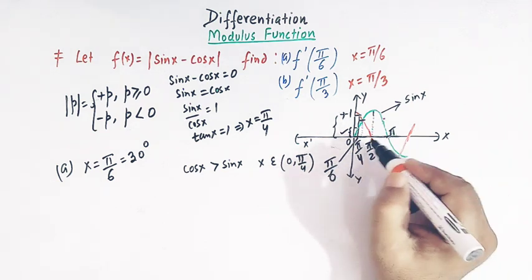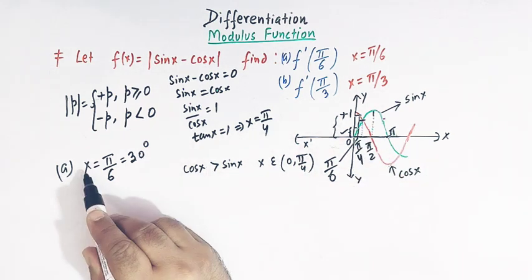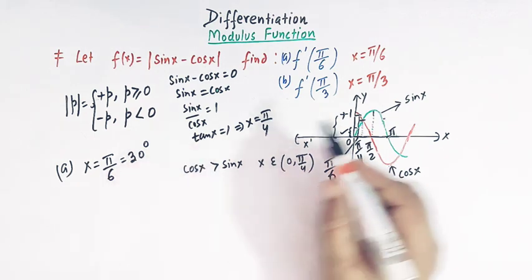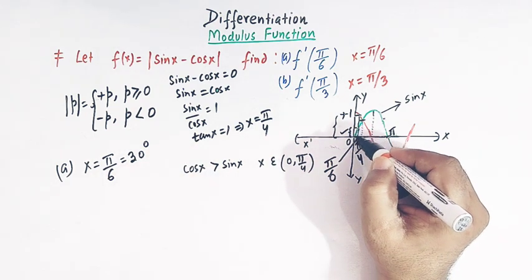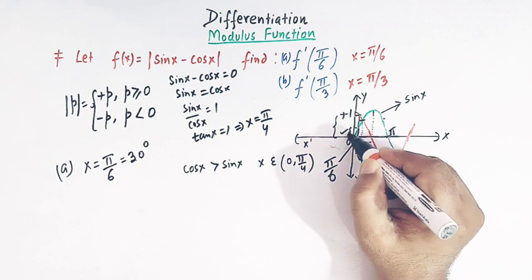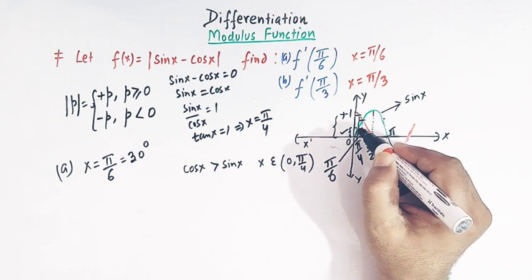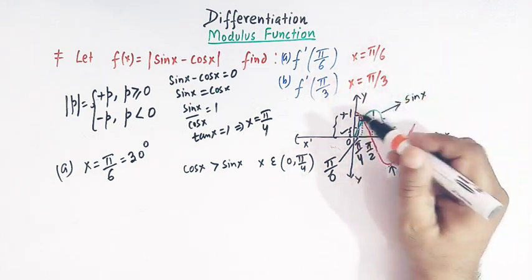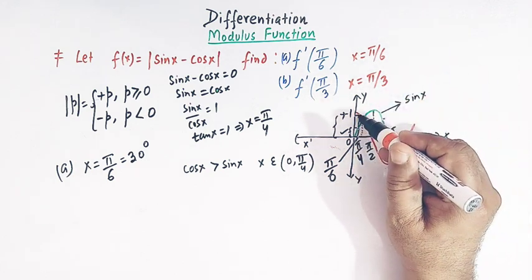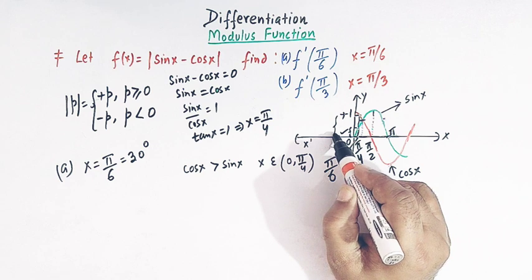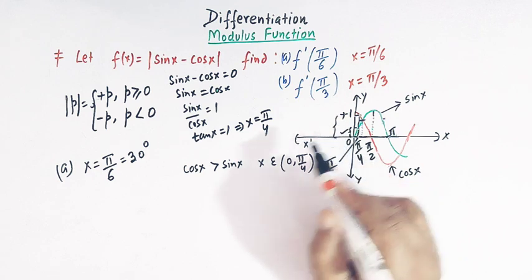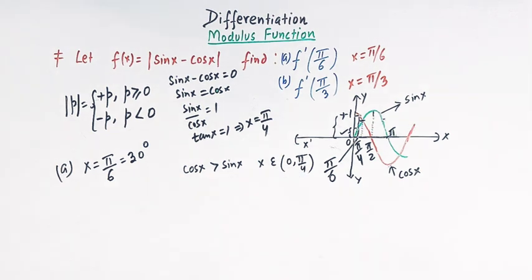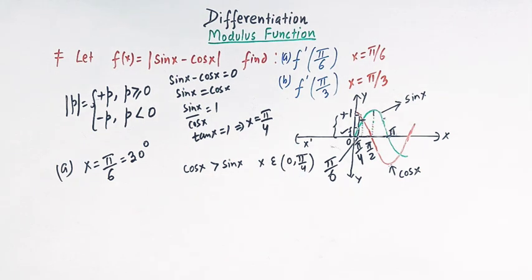Now see, here we have seen that this point is 30 degrees, right? And this value gives the value of sine x. And if we take this point to this curve, then we have this line which represents the value of cosine x, and obviously cos x is greater than sine x when x belongs to 0 to pi by 4.